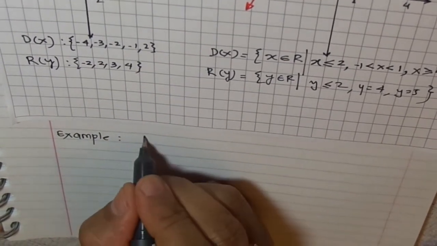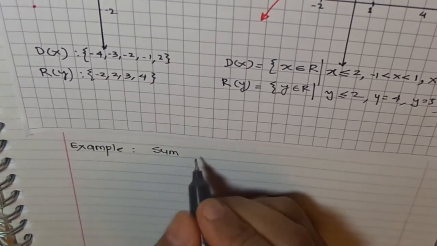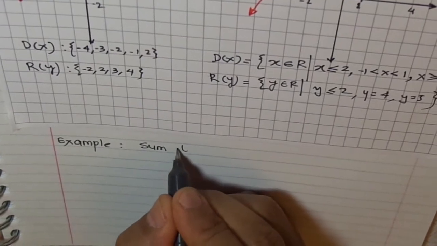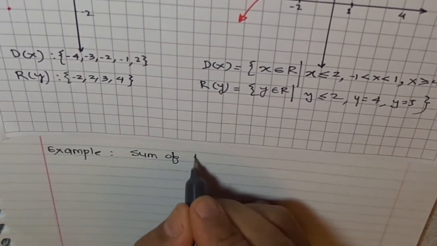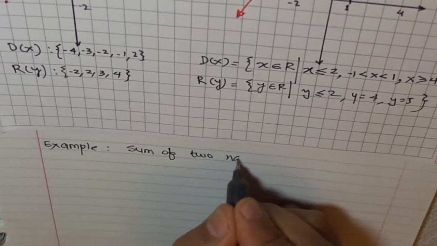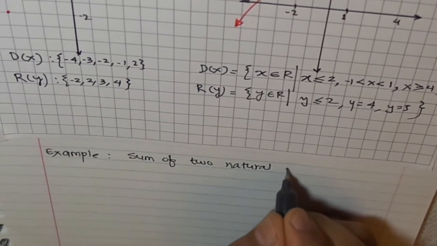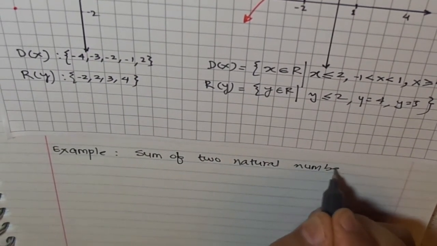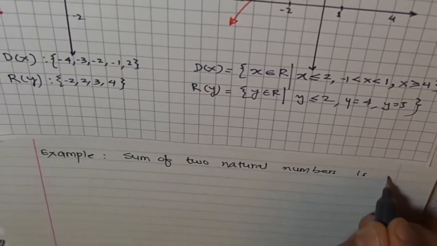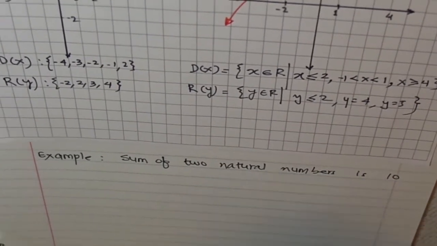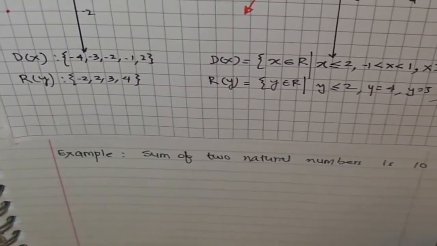Let's say the sum of two natural numbers is 10. Now, how will you do this? What is the domain and what is the range?